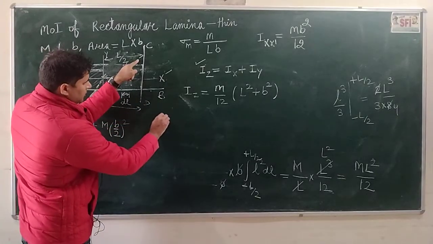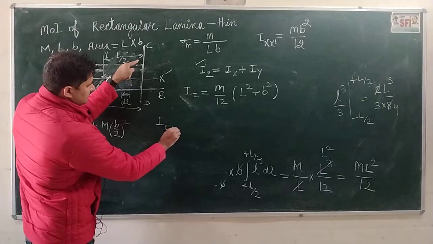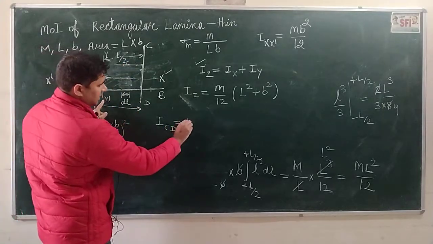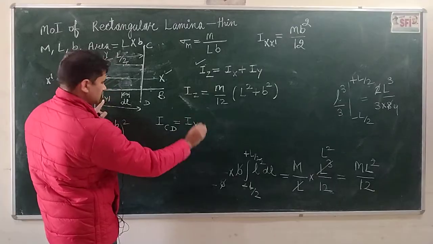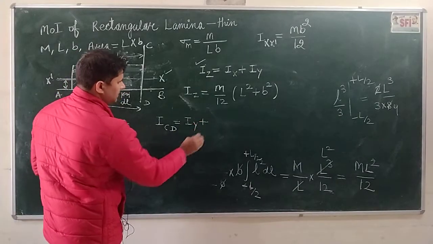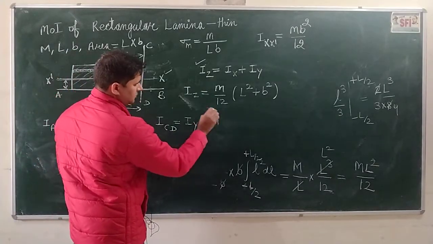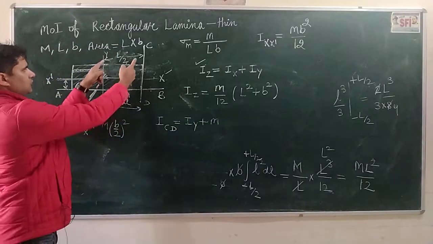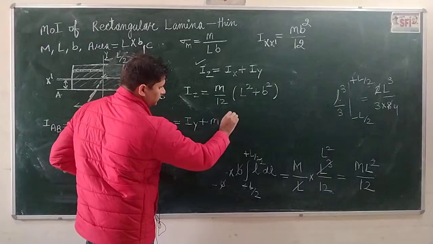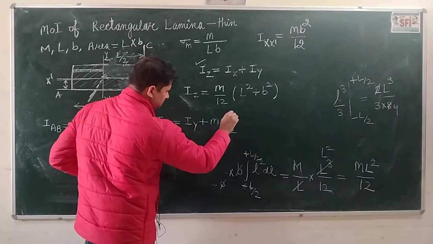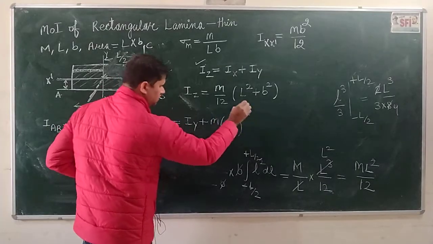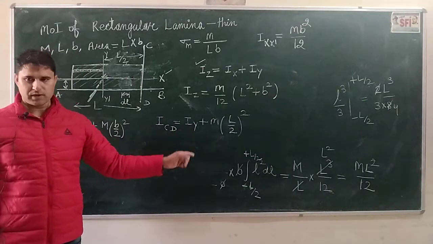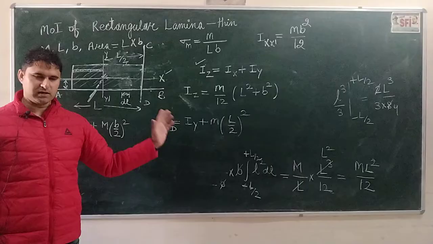So the moment of inertia about axis CD will be equal to the moment of inertia about the y-axis, plus the total mass of the rectangular lamina times the square of the perpendicular distance, which is L by 2 in this case. After substituting the value of Iy, you can find it.